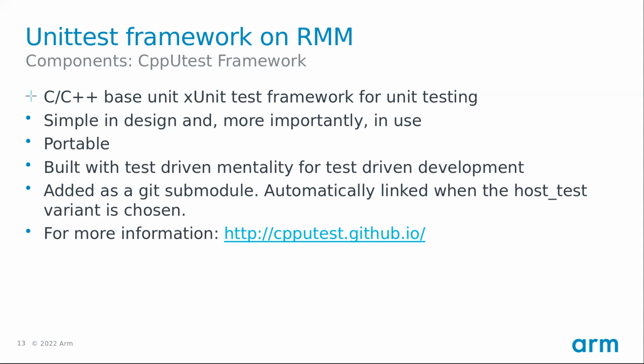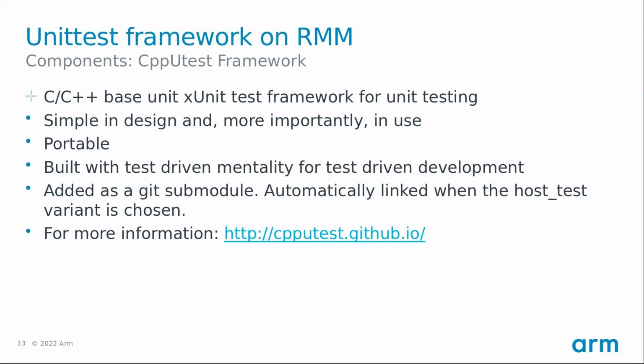So we don't need to manually install CPP test or anything like that. The build system will take care of downloading the right version of CPP test for us and build it for us. You can find more information about CPP test on the links provided here. Any questions?